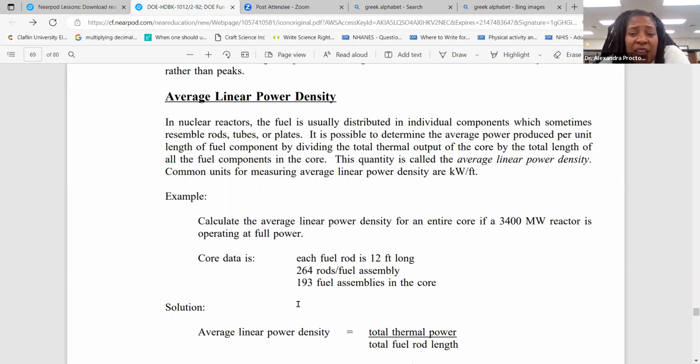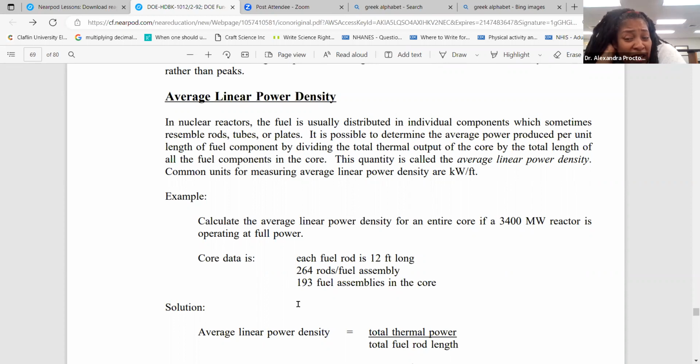This quantity is called the average linear power density, and a common unit for measuring average linear power density is kilowatts per feet.